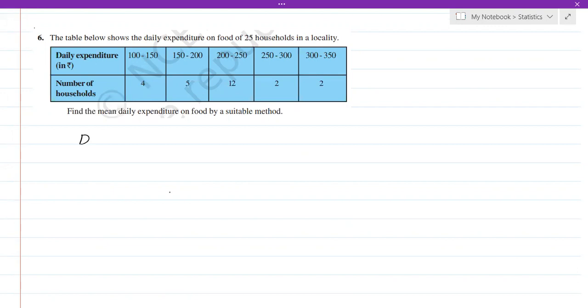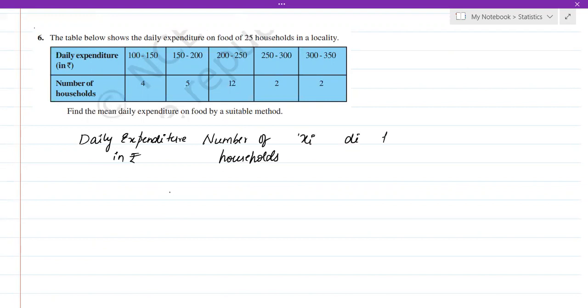So daily expenditure, that is in rupees, then number of households, and since we are doing it by the assumed mean method, we need xi, then we'll find di, then we'll multiply fi di, isn't it?